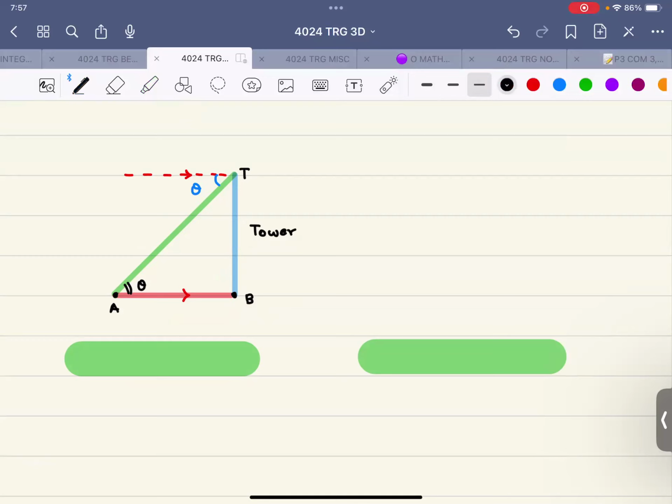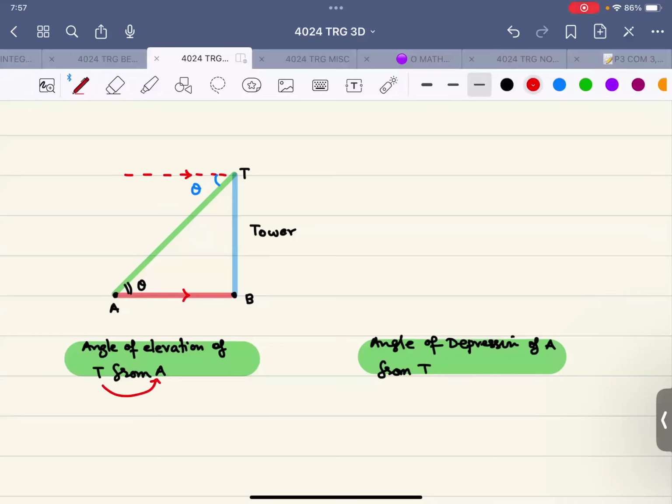When we talk about angle of elevation, that is of T from A. And when we talk about depression, we will write angle of depression of A from T.